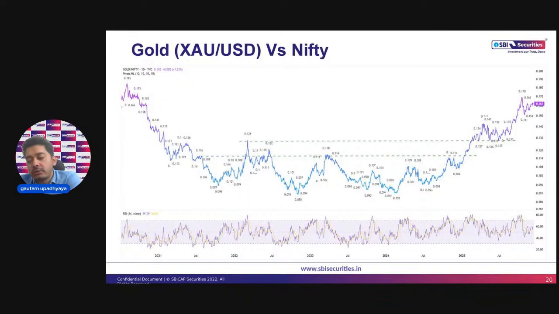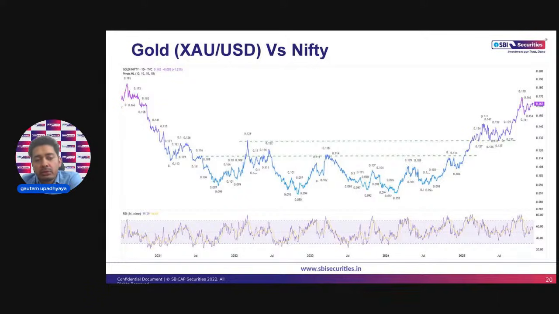Whenever there is a bit of uncertainty in the global markets, gold as an asset class generally tends to do good. And during the last few weeks or months, we have seen that gold has done phenomenally well along with silver prices. So this is the long-term ratio chart of gold versus Nifty. Post the bottoming out that we saw, we have witnessed a very good rally in the prices of gold.